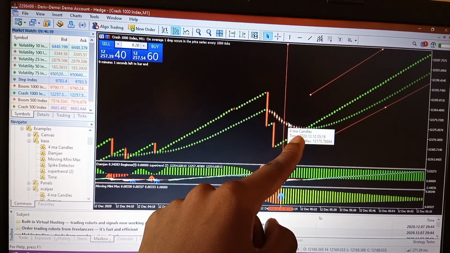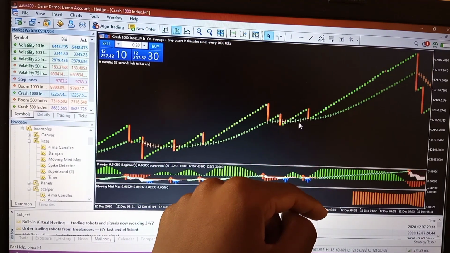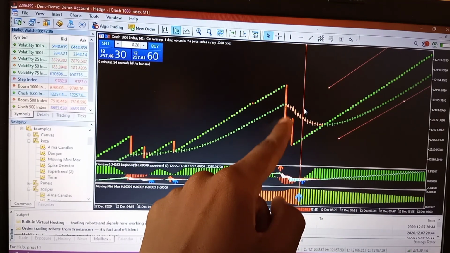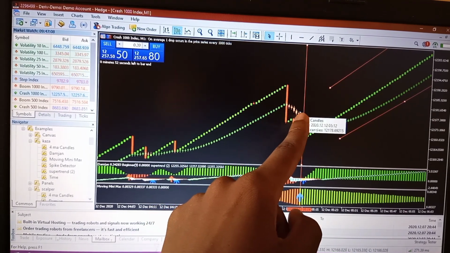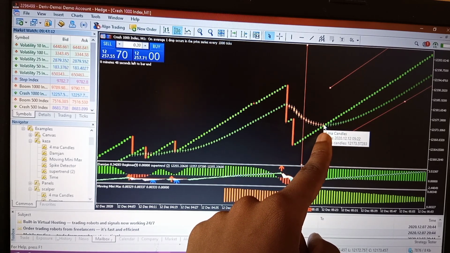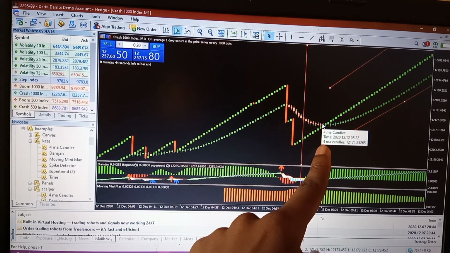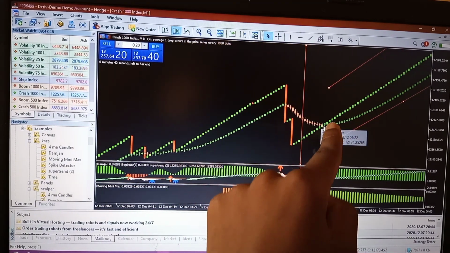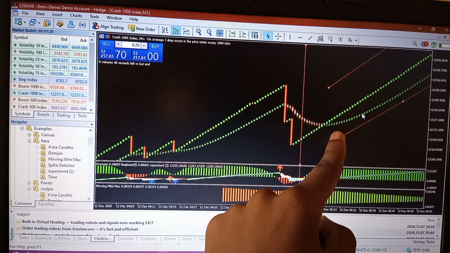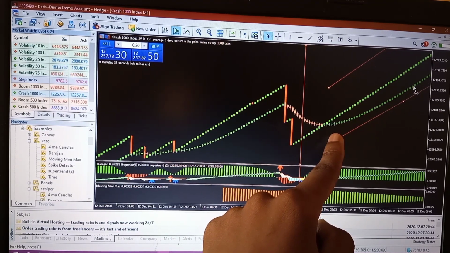Then when it crashed, it started going down until it met the current normal candlesticks. Then when it reached here, it changed colors to green, and it was going up, and going up, and going up.